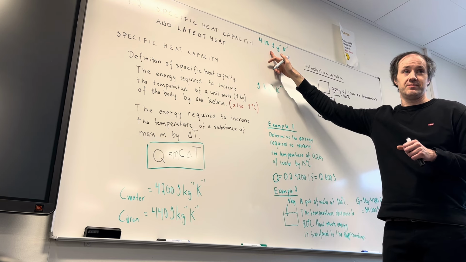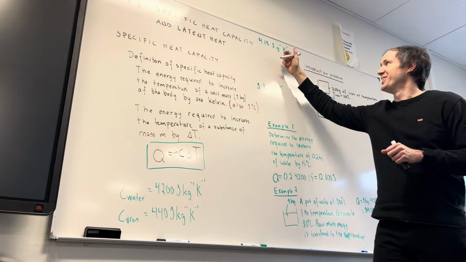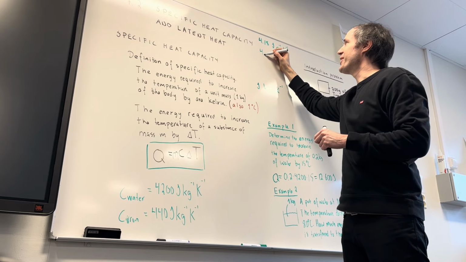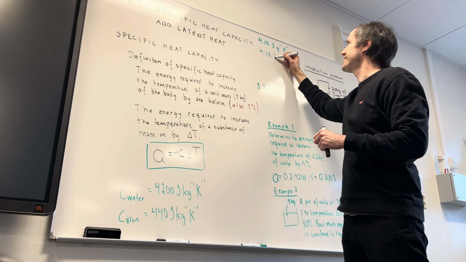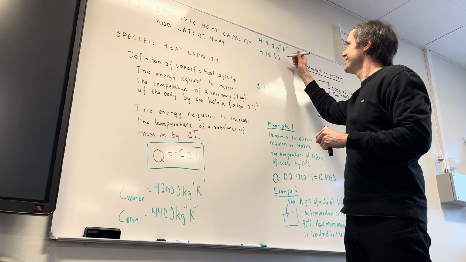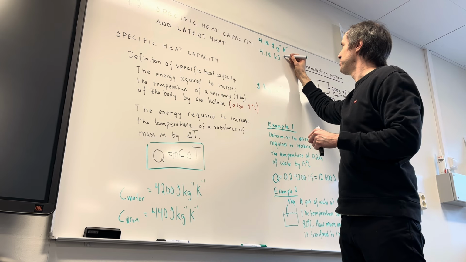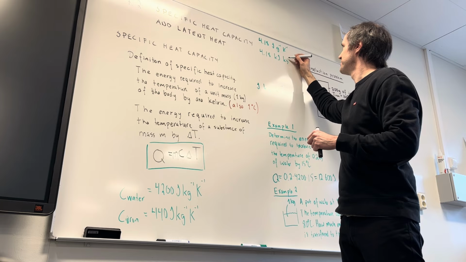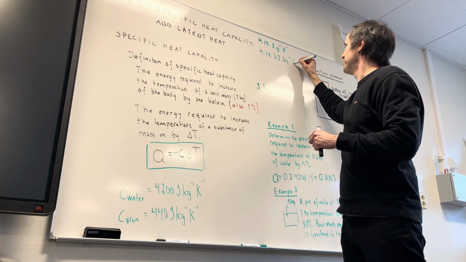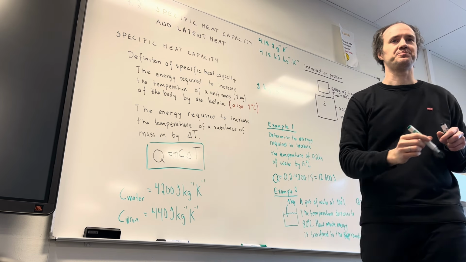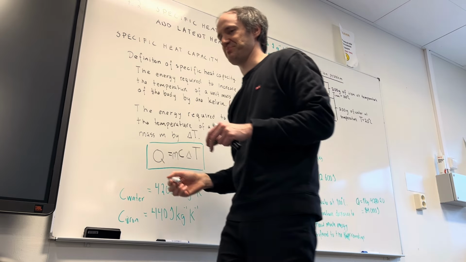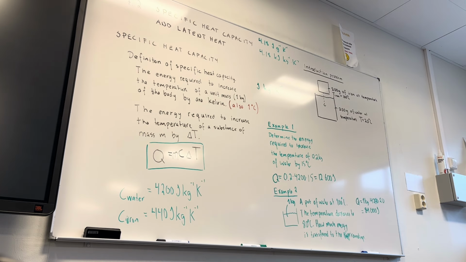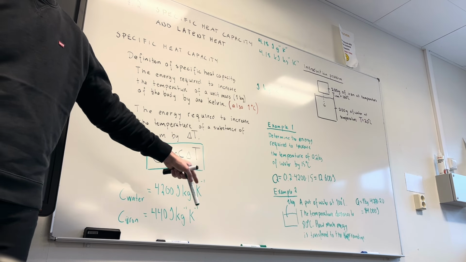Or you have 4.18 kilojoules per kilogram per Kelvin. But use the SI units, joules per kilogram per Kelvin.